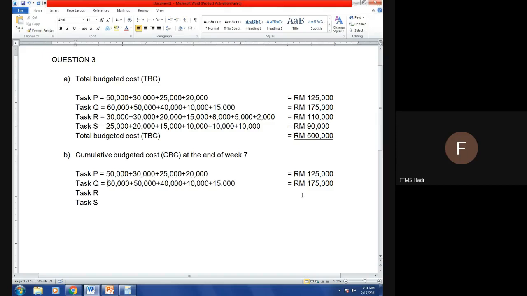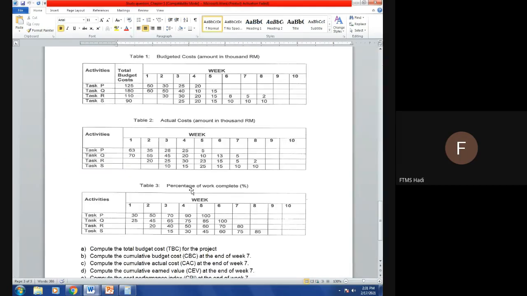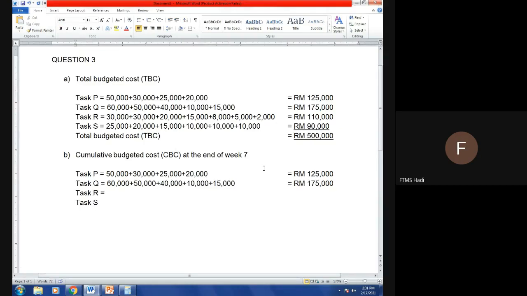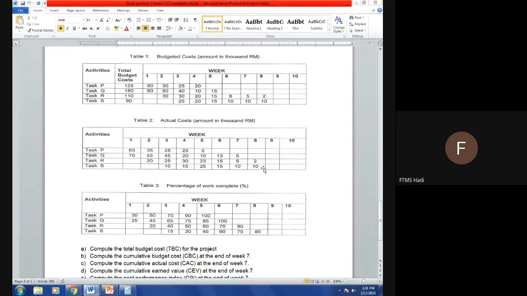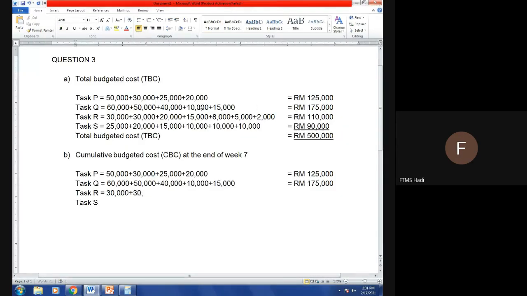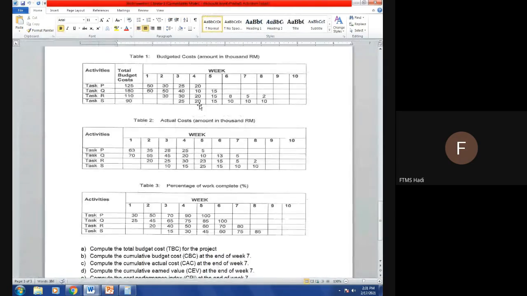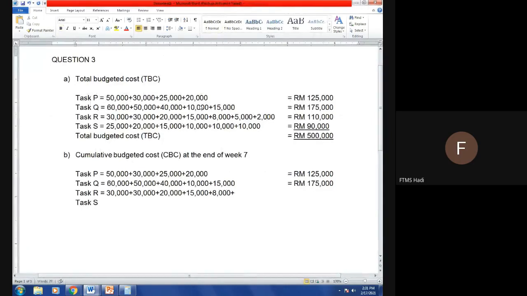For task R it is different, because for task R, until week 7 only, which is 2 is not included. Cumulative budgeted cost, this one until week 7: 30,000 plus 30,000 plus 20,000 plus 15,000 plus 8,000 plus 5,000.